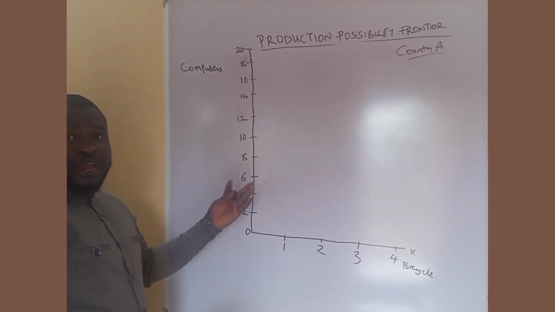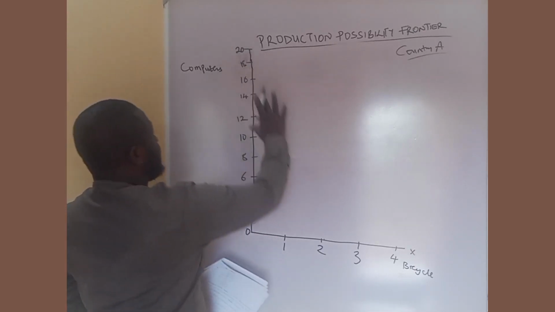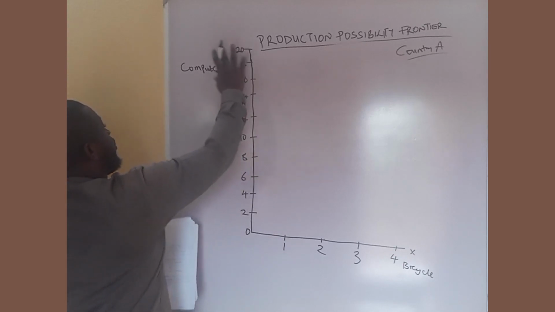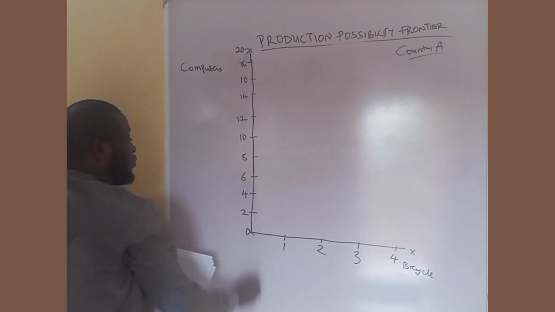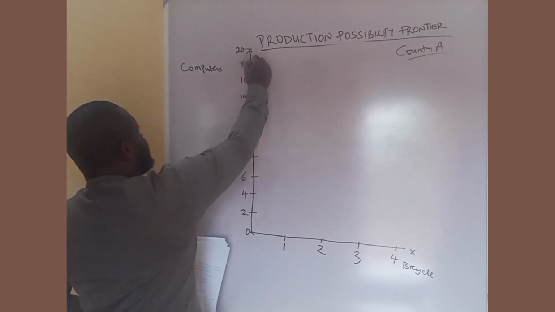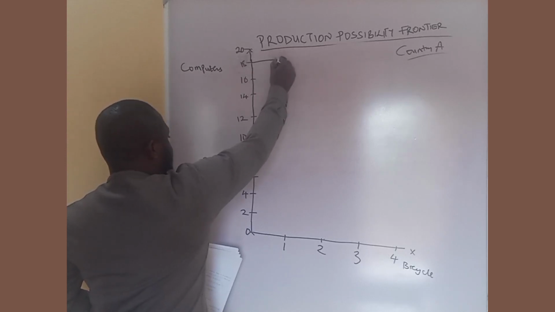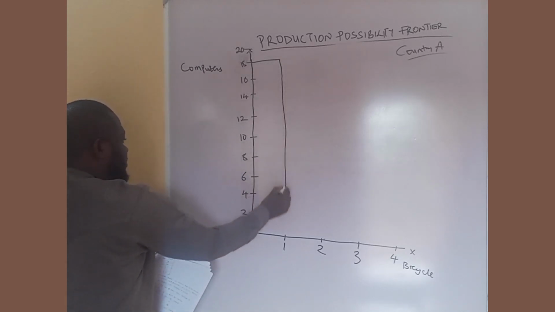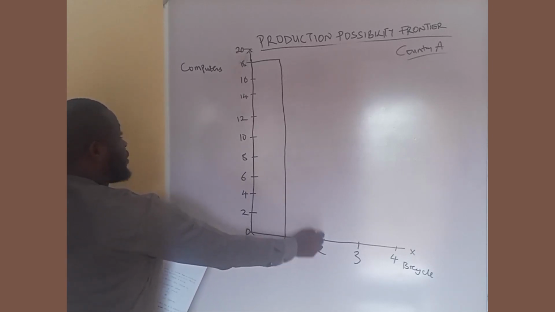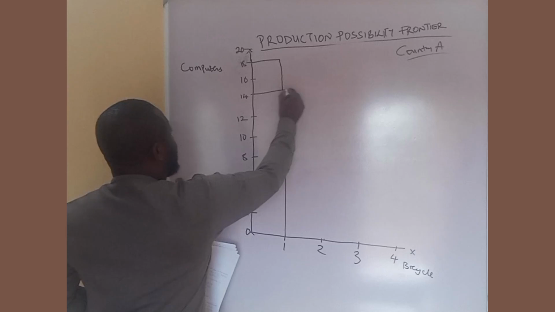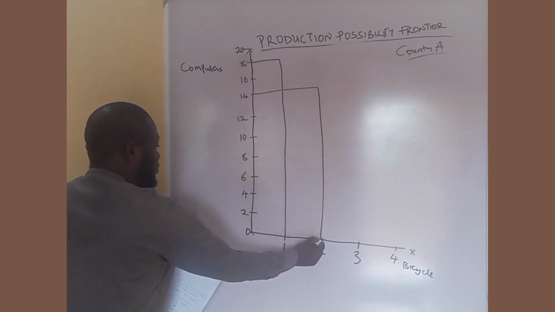As was shown by our schedule, when country A produces only computers, it produces 20 computers and 0 bicycles. But when it produces 18 computers, it is able to produce 1 bicycle. So we can trace this down. But for this country to produce a second bicycle, it can only produce 14 computers. So we trace 14 computers to 2 bicycles.